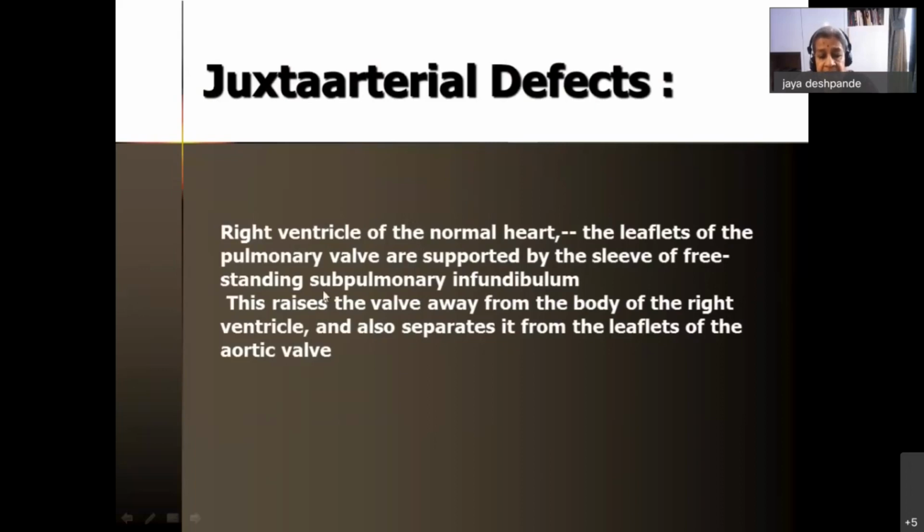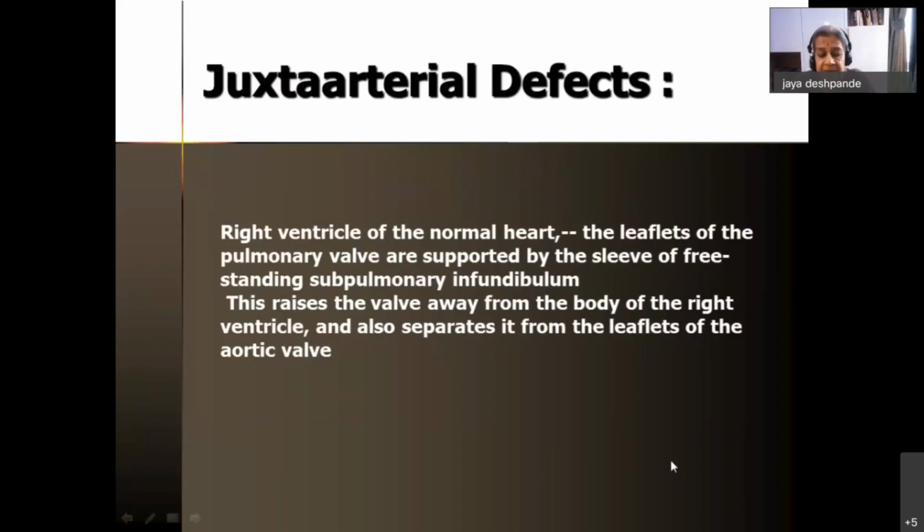And when there is a complete subpulmonary muscular infundibulum, it raises the pulmonary valve away from the body of the right ventricle and also separates it from the leaflets of the aortic valve.